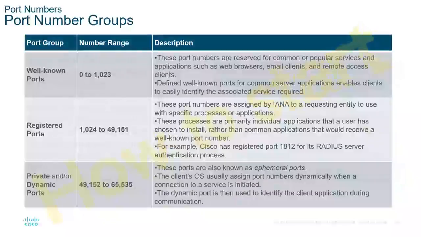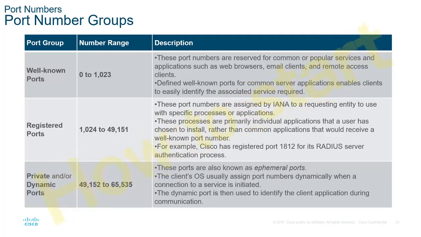Port numbers are broken down into 3 groups: well-known, registered, and dynamic. Well-known are any ports between 0 and 1023. Registered ports are between 1024 and 49,151, while dynamic ports are 49,152 to 65,535.